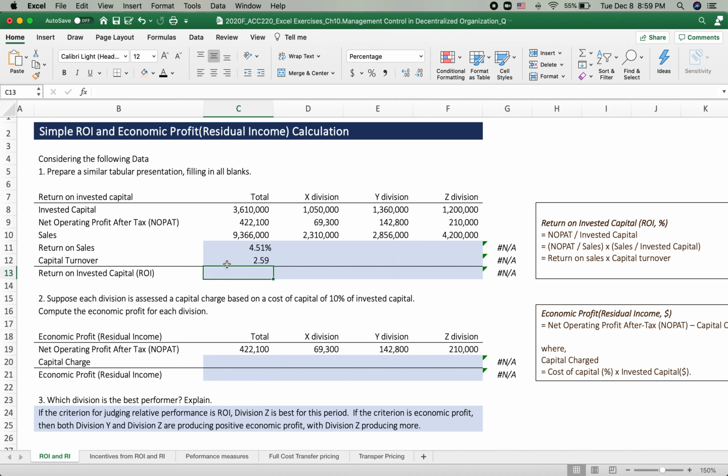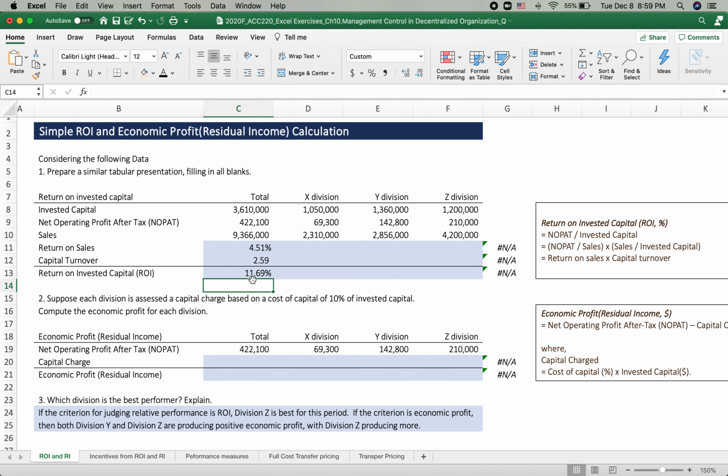Okay, so if this capital turnover is greater, then it's very efficient, right? Because with low invested capital, the company can create more sales. So return on invested capital, ROI, we can now multiply. So 11.69% means that for $1 of invested capital, the return is 11.69 cents.